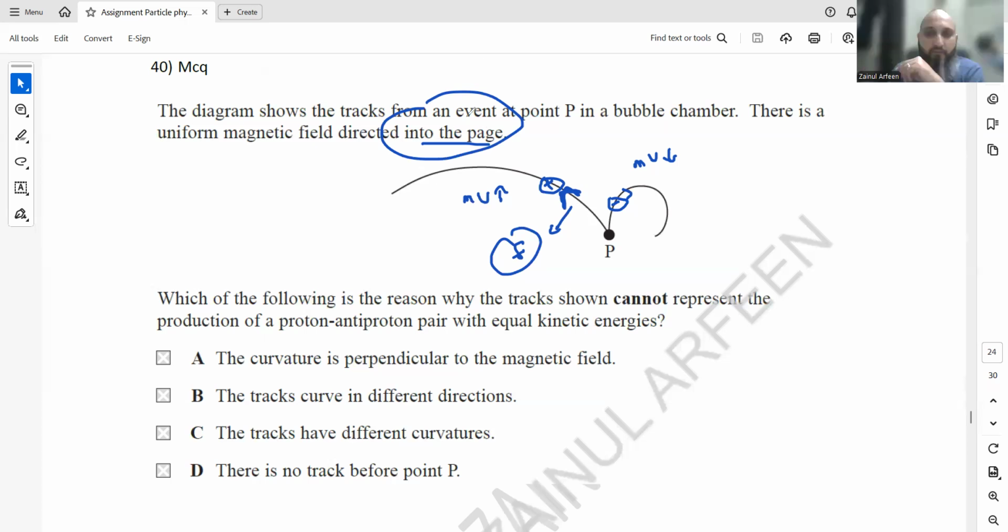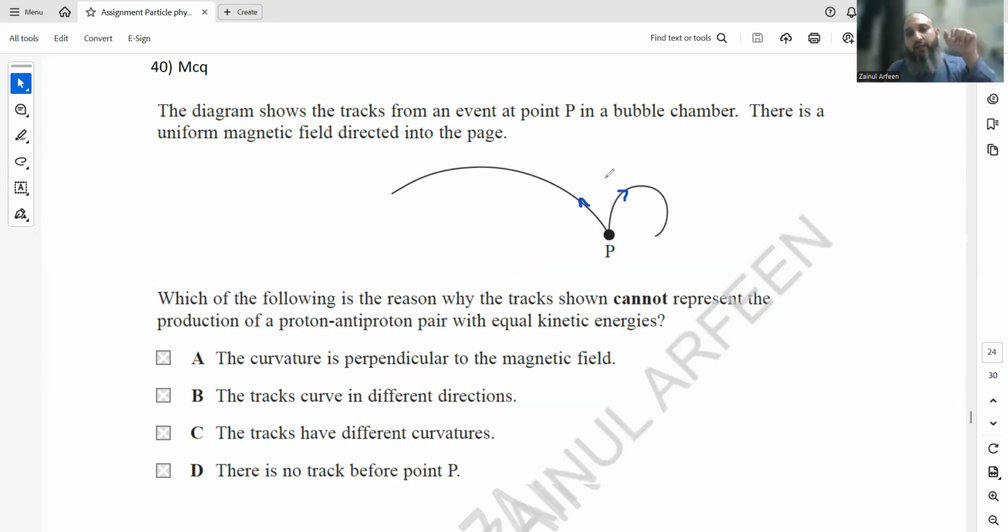So when I apply the rule here, the two particles are going out, and the magnetic field direction is into. I'm applying the left hand on any one of them, you can apply. If I apply the left hand on this left particle, the force is pointing in this way. This is the direction of motion of the particle, and the thumb is pointing in, if the index finger is pointing into.